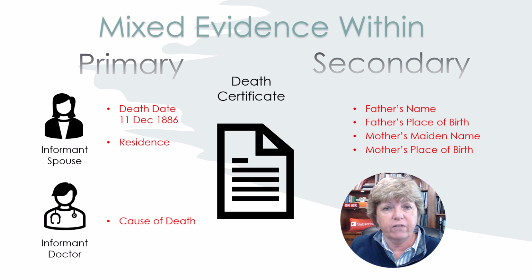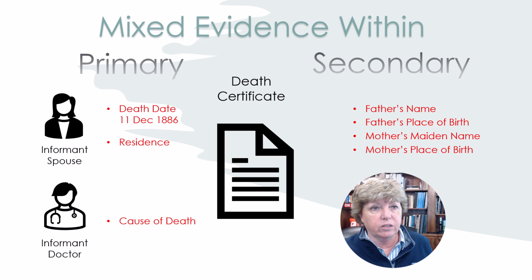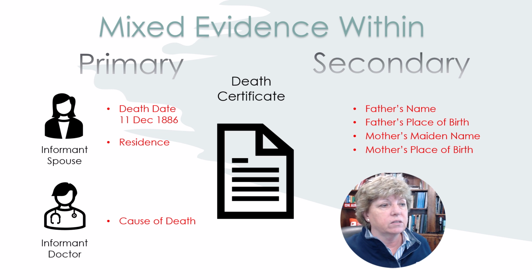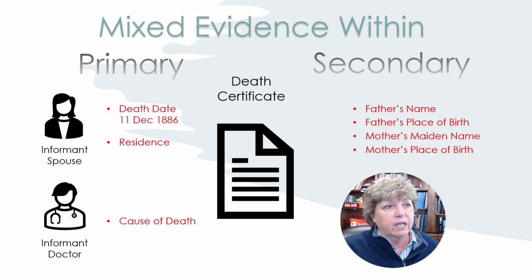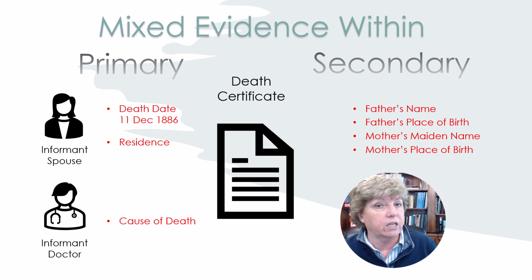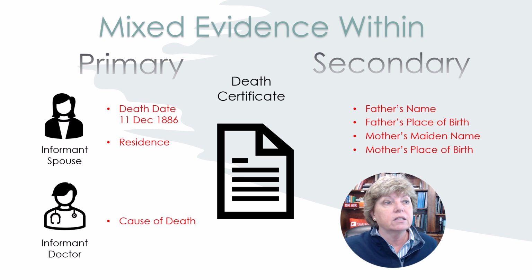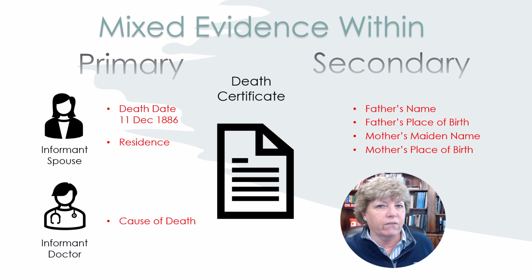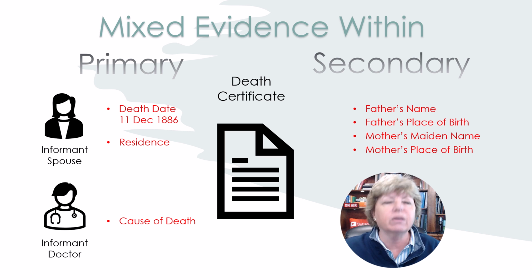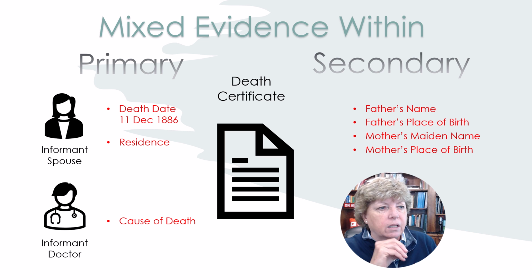So you can have mixed evidence within the death certificate. In this case, the informant was the spouse, and they did have firsthand knowledge of the death date. They also had firsthand knowledge of the residency. So those two pieces of evidence or facts or data within that document are considered primary. The cause of death is also considered primary because the doctor is the one who wrote that information on the death certificate.